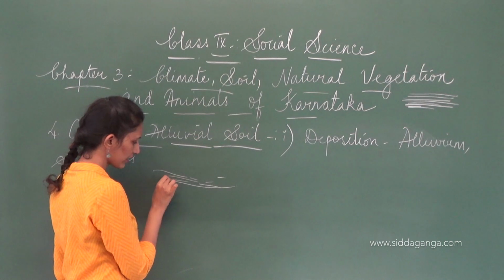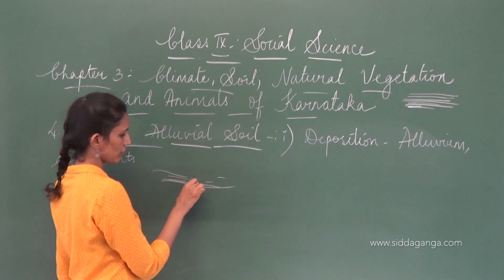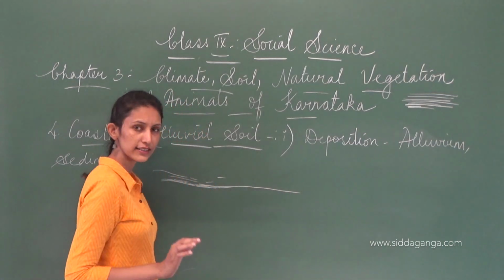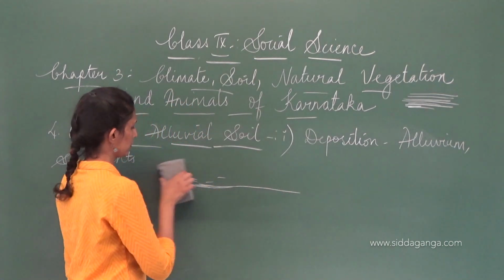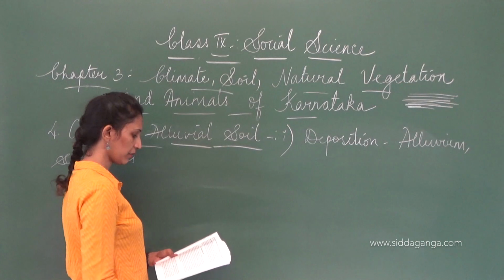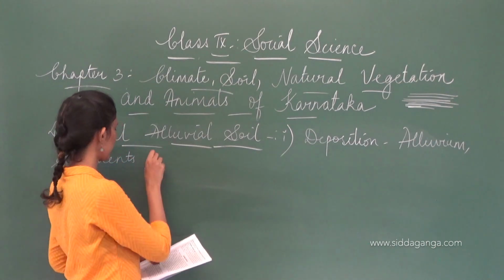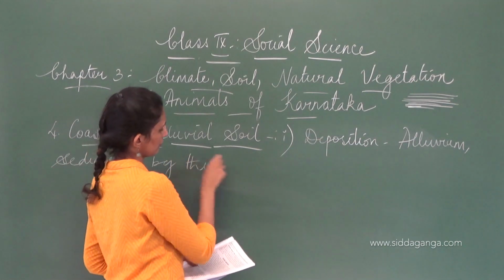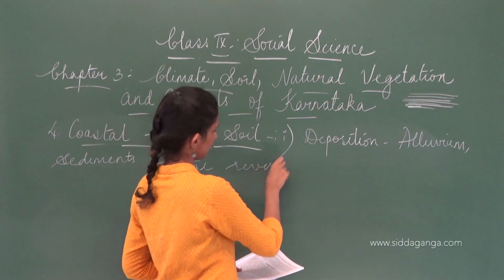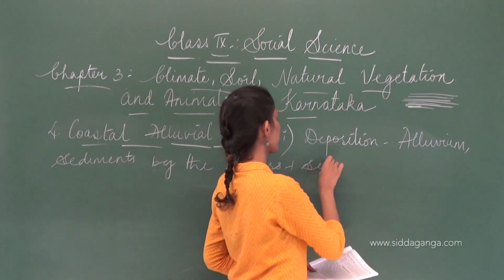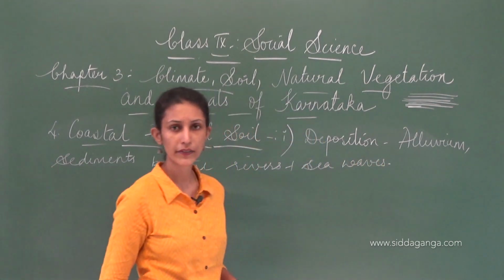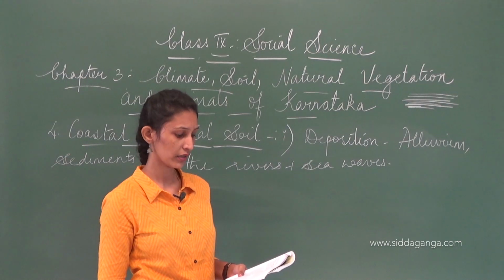So whatever is on the top layer, maybe small stones, maybe mud, all is carried away, and that is sediments. So sediments are carried away by the rivers and sea waves.